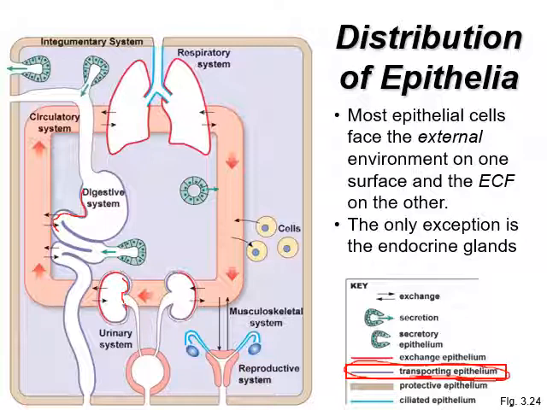We have to move stuff in and out, chiefly out, creating the urine. These epithelia are the cells that are basically our interface with the external environment, so many times they have to do membrane transport because they have to move stuff in or out of the body.